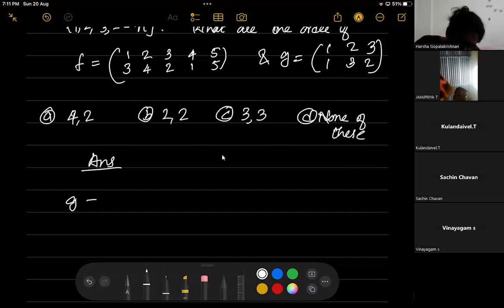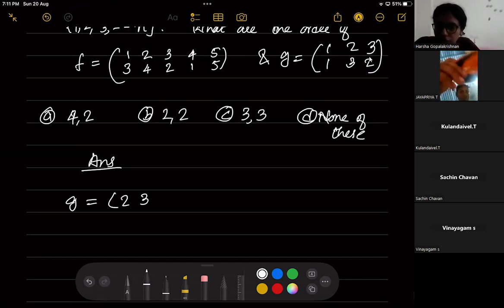If I write it in cyclic notation, G sends 1 to 1, 2 to 3, and 3 to 2. So in a cycle we write it as (2 3). 1 is fixed, so we don't need to consider 1. So G is not identity.